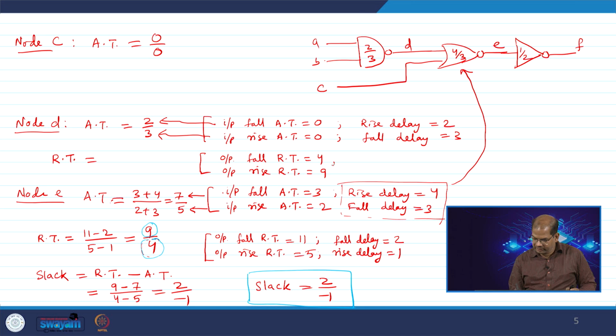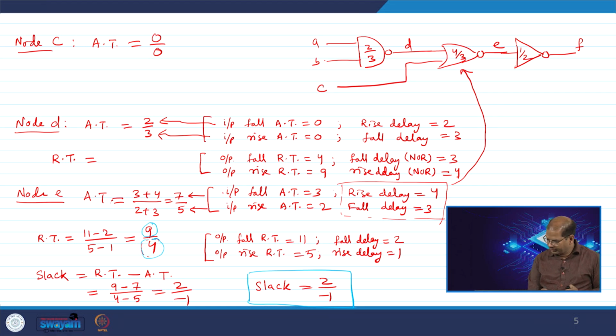Now, I have a fall delay. Which fall delay? I have already discussed the inverter, then it comes the NOR gate. So, the fall delay here is for the NOR gate. This NOR gate fall delay will be 3, then the rise delay of the NOR gate is 4.